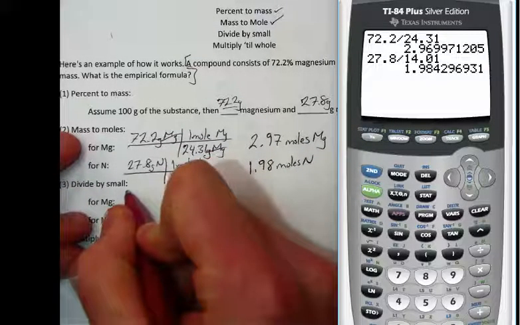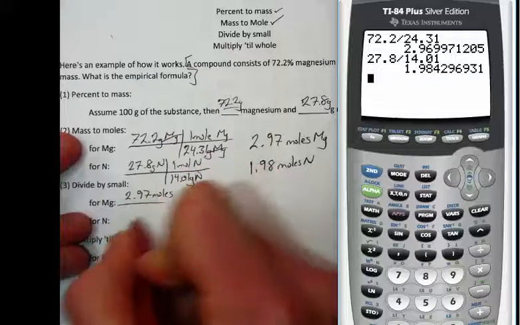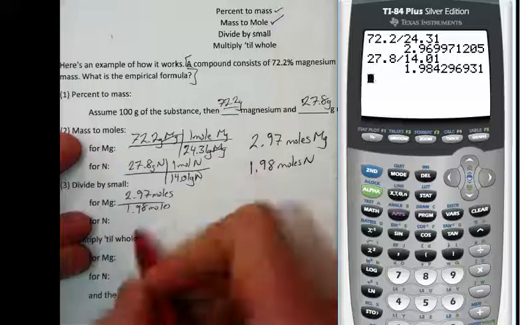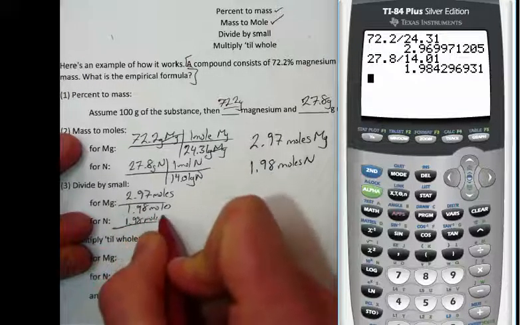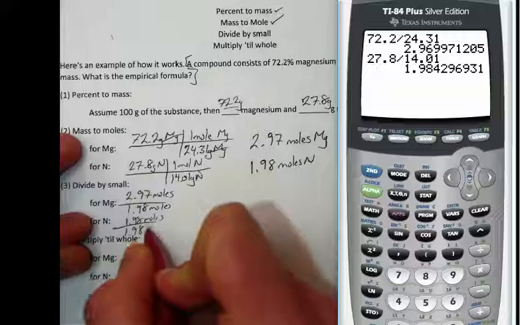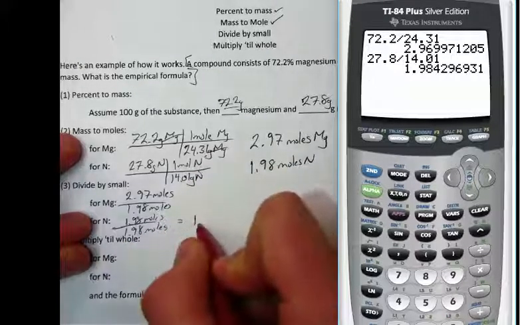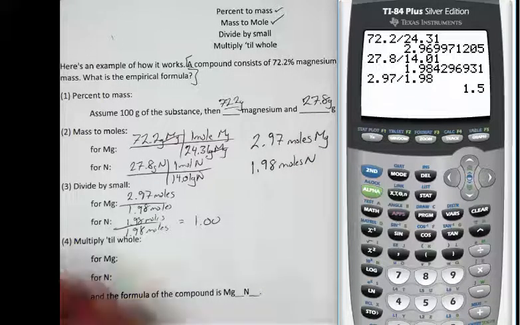So that means we have 2.97 moles over 1.98 moles. And then our second one is 1.98 divided by 1.98. This one's pretty easy. We can just say that that equals 1.00. The next one we have to plug into our calculator. 2.97 divided by 1.98 gives us 1.5.